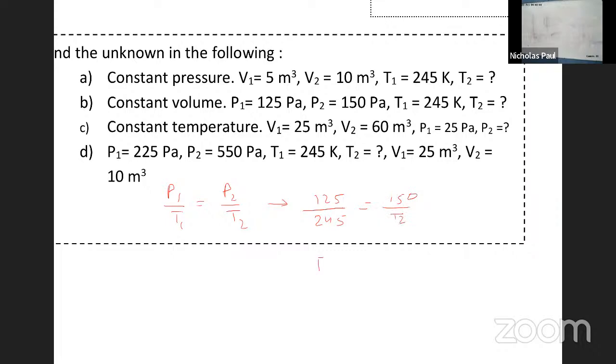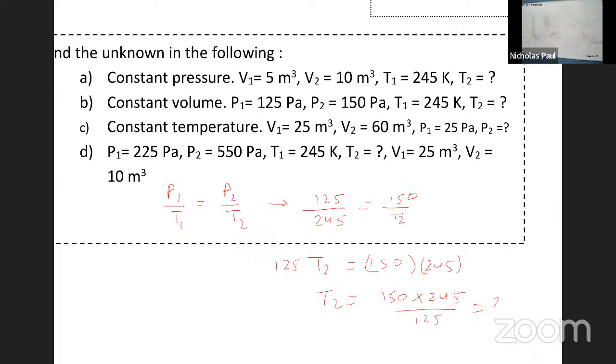Cross multiply, you'll get 125 T2 is equal to 150 by 245. So T2 is equal to 150 by 245 over 125.